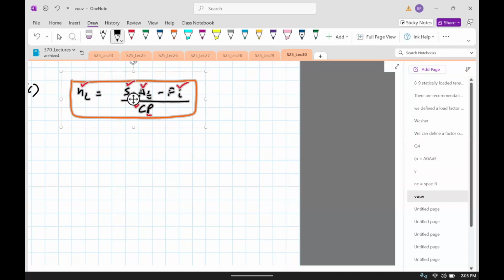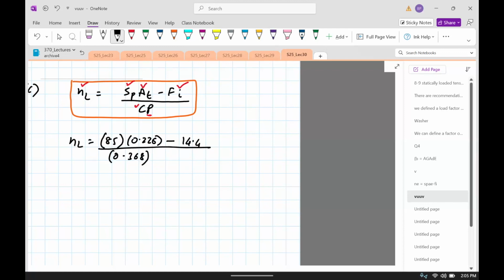Okay, so we have now NL is unknown, SP is 85, AT is 0.226, Fi we computed 14.4, C was 0.368, and now we have to put 36 equally distributed among 6 bolts. If you use this value of 6, we see that NL comes out to be 2.18. So even though the actual load factor desired was 2, because of the design, we ended up with a load factor of 2.18.